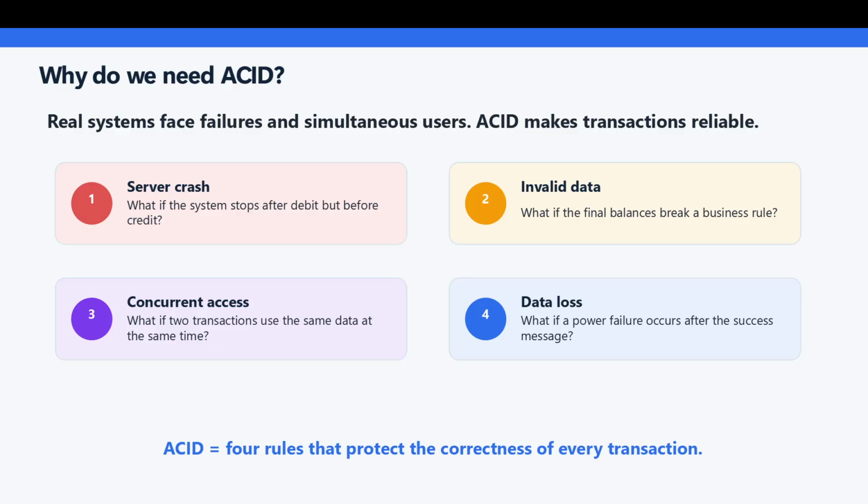That is why ACID properties are not just a theoretical concept. It is one of the main reasons why users can trust systems such as banking applications, shopping websites, or ticket booking platforms, etc.